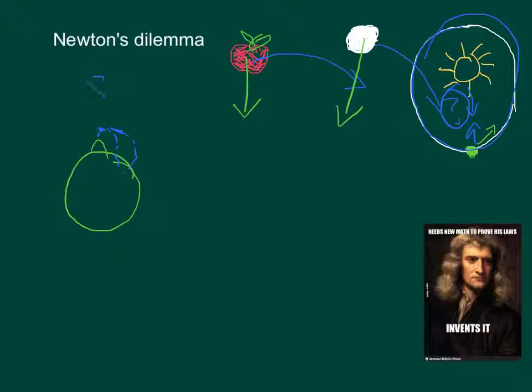But if we were to throw it at, let's say, 8 kilometers per second, then as our ball traveled, it would also be falling. Now, Newton's first law says that it would go in a straight line at a constant speed unless acted upon by another force. And that force is gravity.